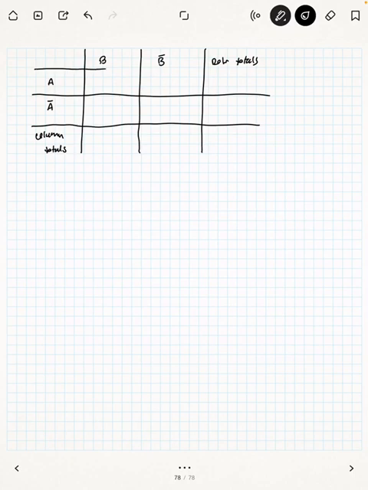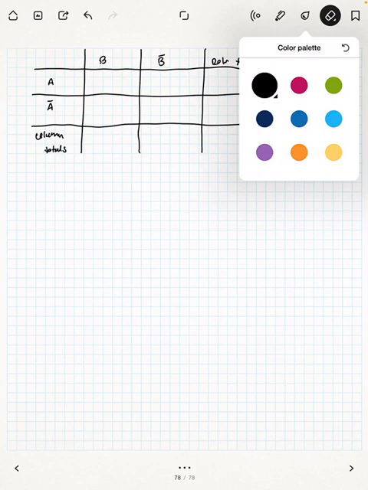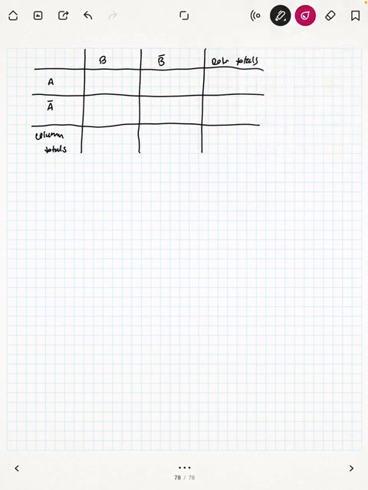When you're setting these up, you don't have to be super, super neat, but it helps to have some amount of neatness to make this work better. I'm literally just copying down the contingency table we had before.